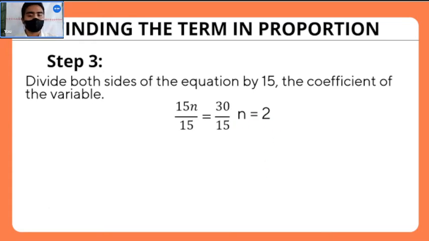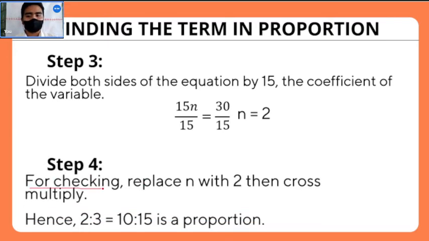Now, what is the next step, Sir Jai? The next step is checking. How are we going to check? We're going to replace the value of n. What's the value of n? 2. We're going to replace the n with 2. What is our term a while ago? It is n is to 3 is equal to 10 is to 15.